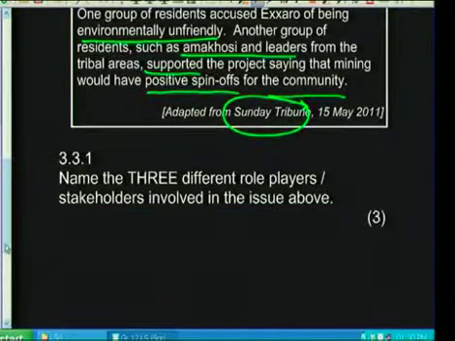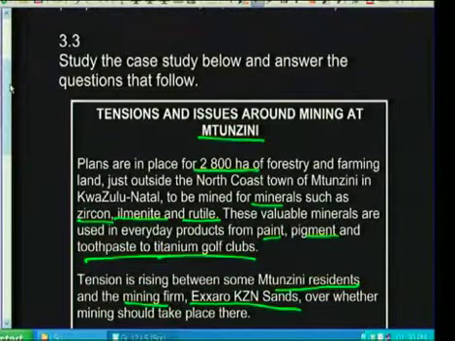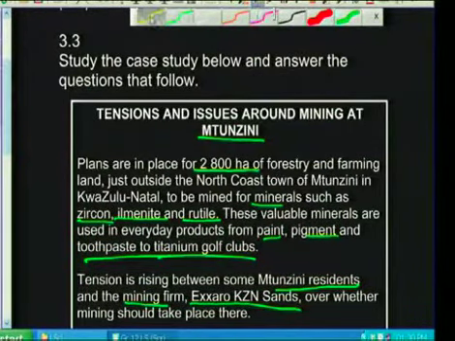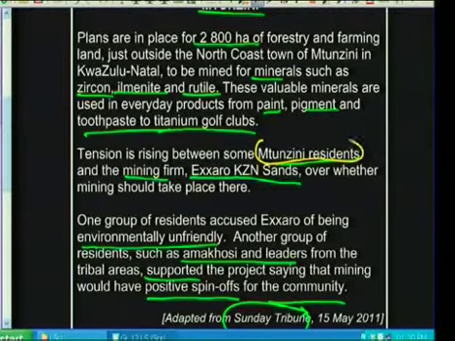Let's look at the first question. And again, this is a data response question, so we're going to look at answers in the context. Name the 3 different role players or stakeholders that were involved in the issue above. And as I was reading through, guys, you would have noticed that I highlighted these individuals. So who's this affecting? We've got the Mtunzini residents. These are one group of individuals.